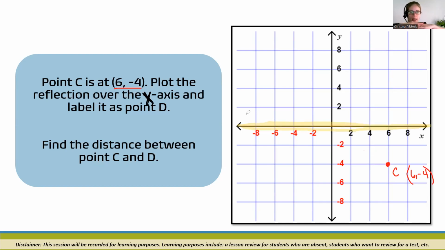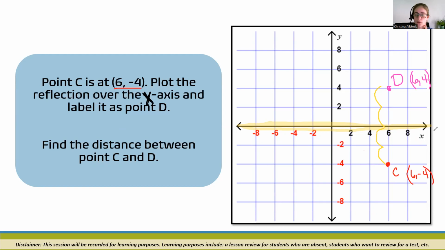And if we're flipping it across the x-axis, we got to flip it over that. So it's going to go from underneath it to above it. So if you choose to do that reflection by using a graph, I can see that we're 1, 2 spaces away from the x-axis. So I would need to be 1, 2 spaces away on the other side, landing us right here for point D, which is located at 6, 4.